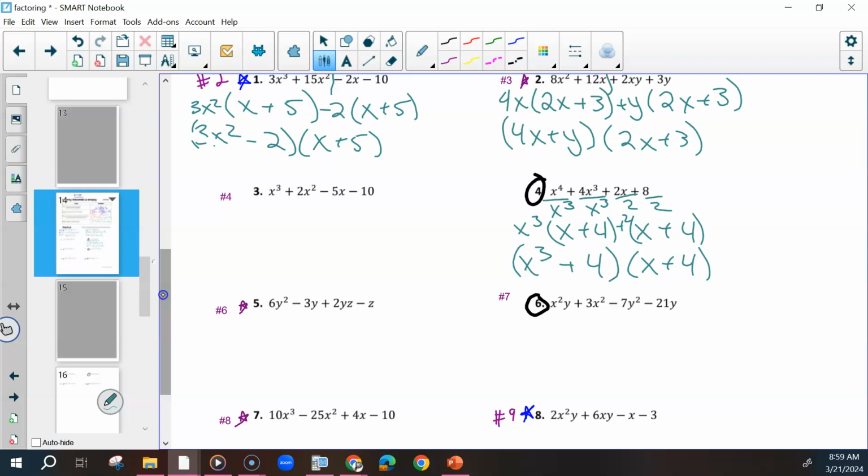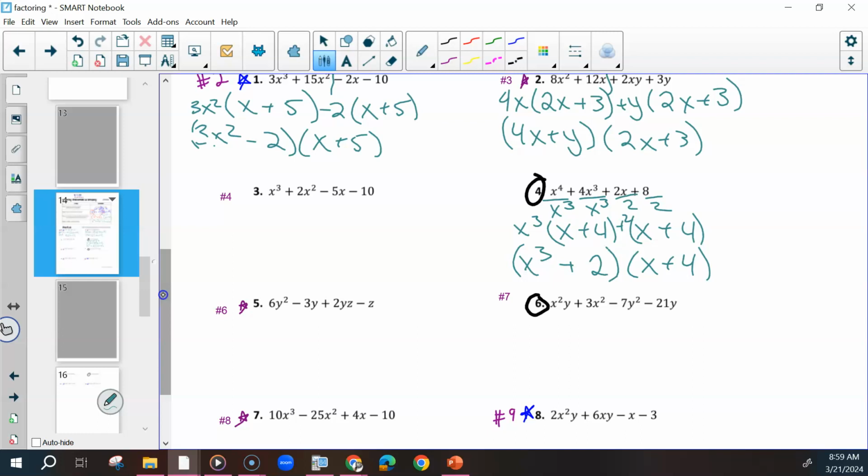Like this? What happened with the 2? You put x to the third plus 2 instead of 4. It should be 4.